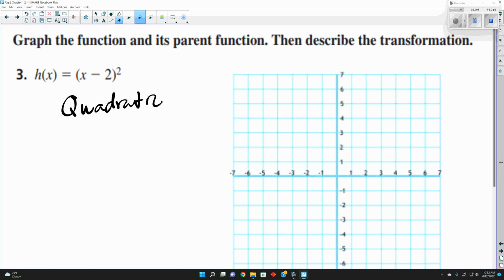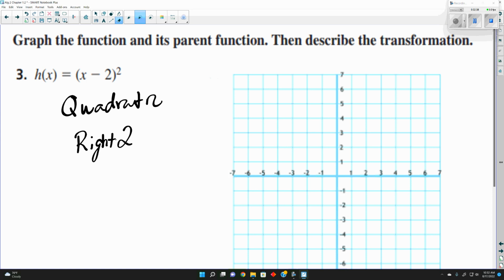No. It is left or right because left and right's inside parentheses. So it's going to either go left or right 2, yes? But with left and right, is it exactly what we think it is? No. Because inside parentheses, it's always the opposite. So this here would be, yep, you were right. It is right 2.